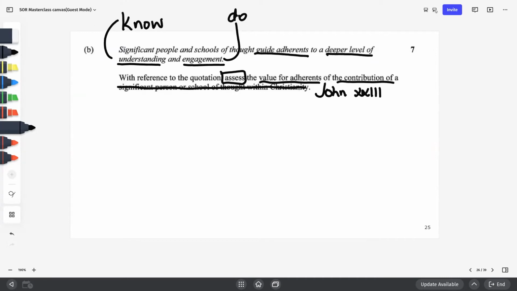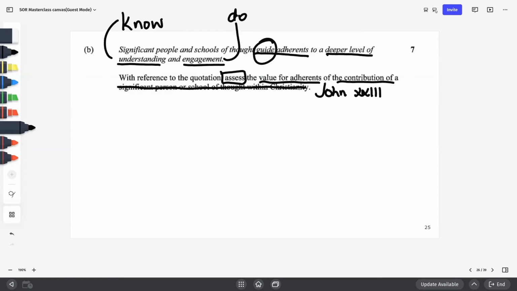In our case, that would be John the 23rd. Read your question again: assess the value for adherence of the contribution of John. That is much simpler language to get your head around in an exam than all of these extra words. They have to put all of those extra words in because not everyone's done the same person or school of thought.